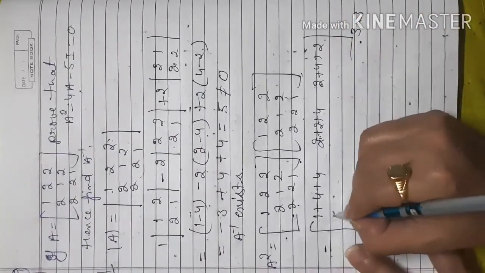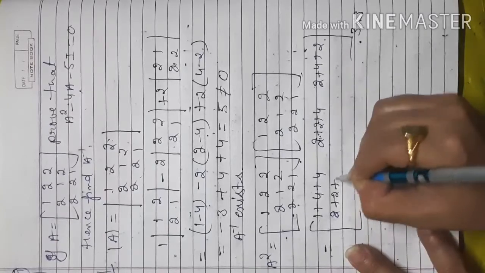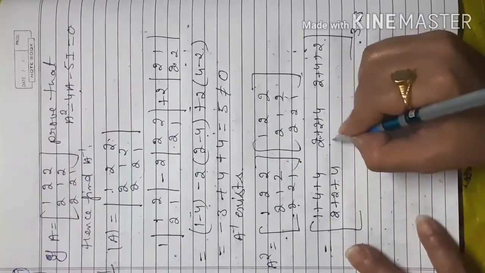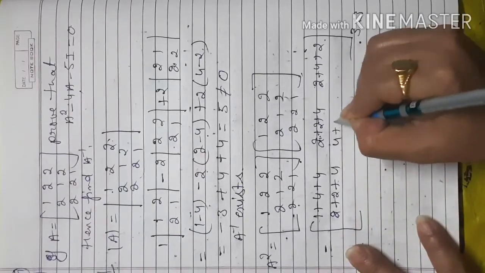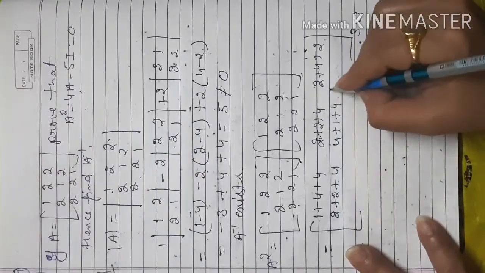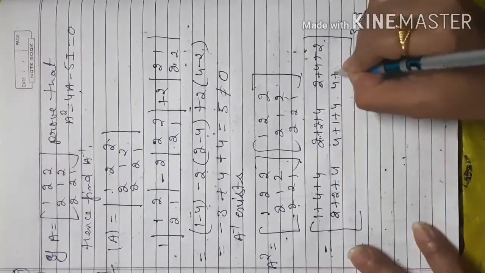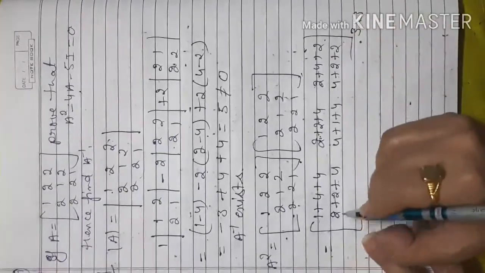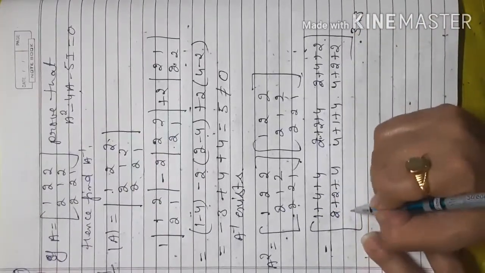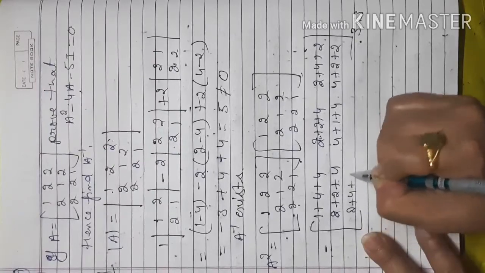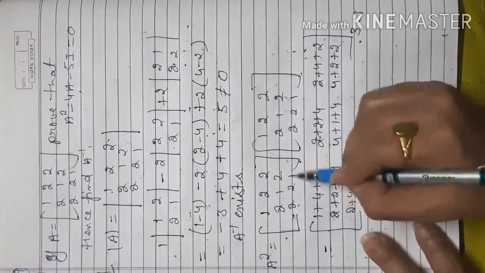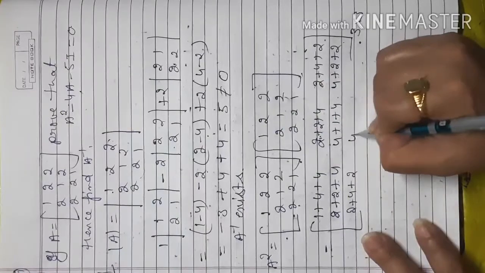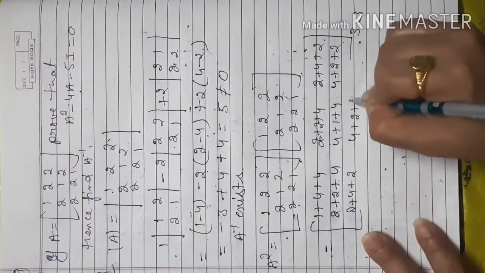Then second row, first column: 2 plus 2 plus 4. Second row, second column: 4 plus 1 plus 4. Second row, third column gives me 4 plus 2 plus 2. Third row, first column gives me 2 plus 4 plus 2. Third row, second column gives me 4 plus 2 plus 2.